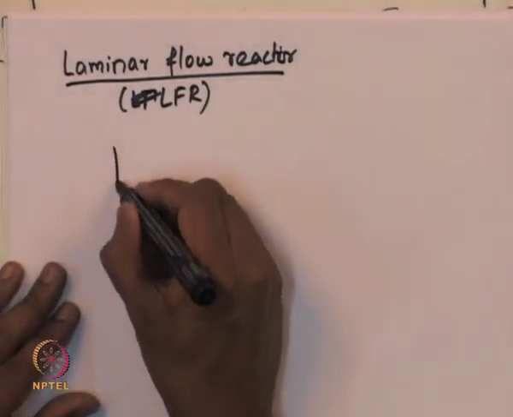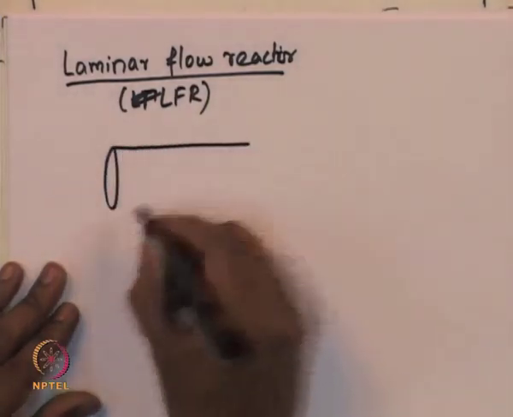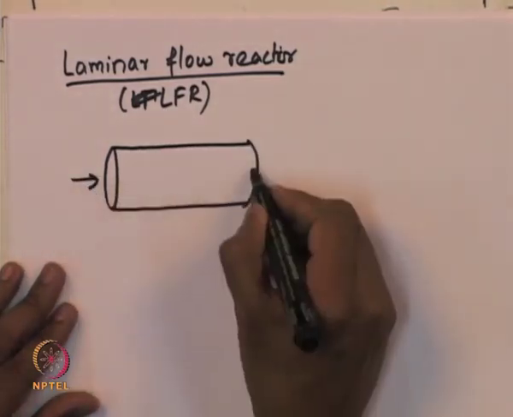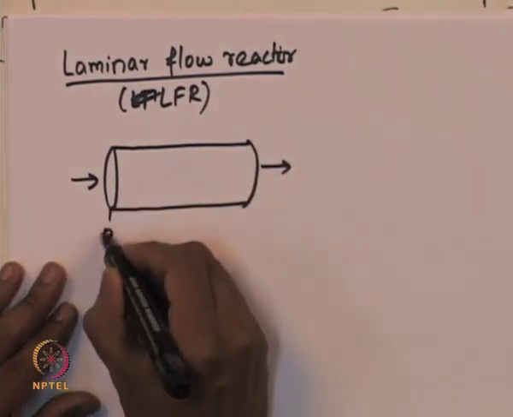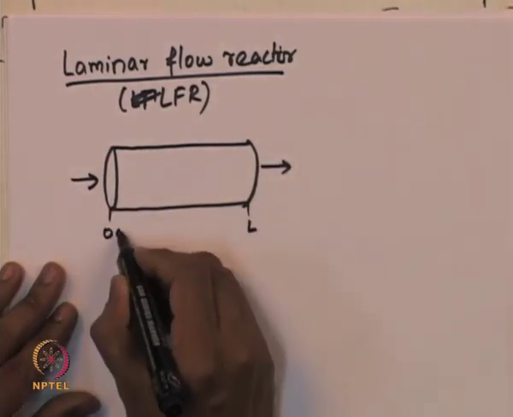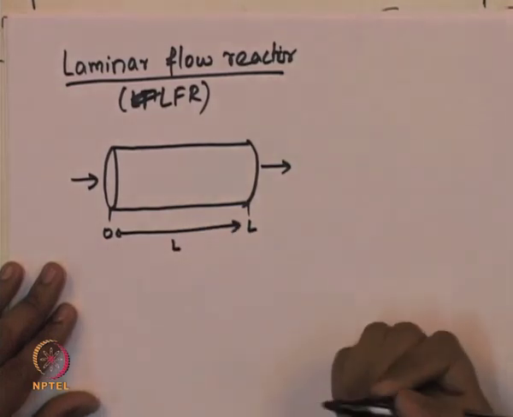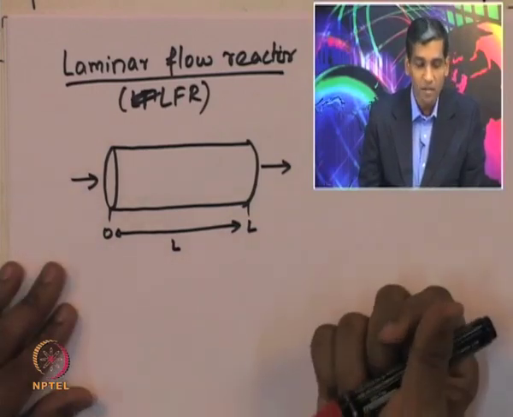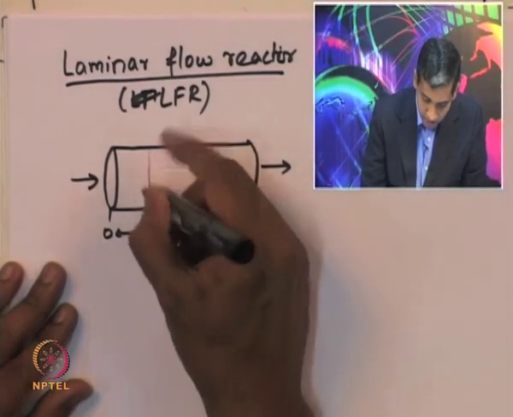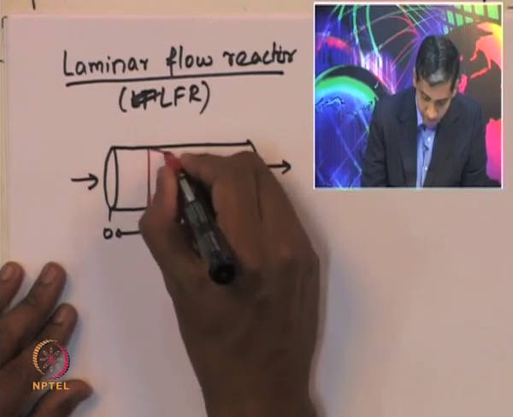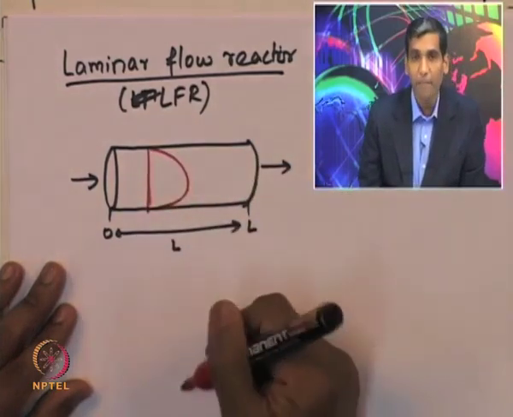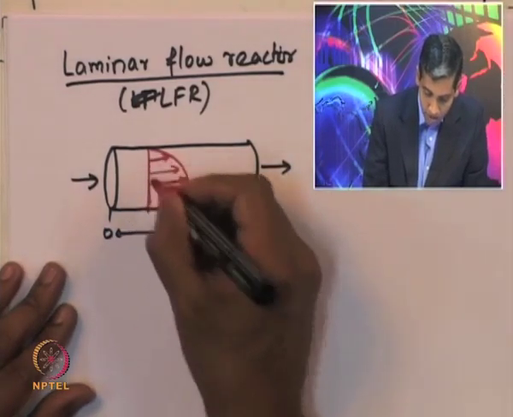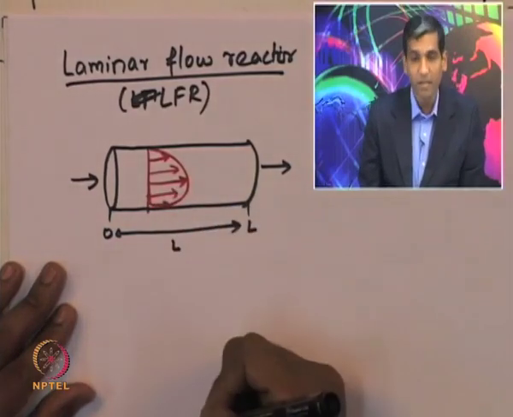Suppose there is a tank and a fluid stream entering at 0 and leaving at L. That is the length of the reactor, L, and the fluid is entering under laminar conditions, and it is expected that there will be a parabolic velocity profile, with maximum at the center and 0 near the walls.